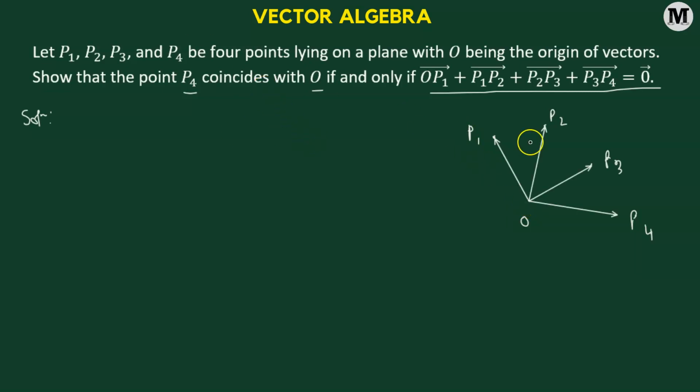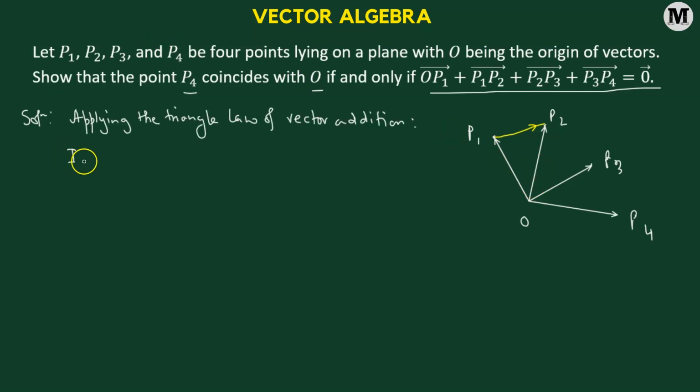Now, in order to prove this problem, we'll begin by first considering the points O, P1, P2. We'll be joining P1 and P2, and let's say we have a vector going from P1 towards P2. Now in this triangle O, P1, P2, we're going to apply the triangle law of vector addition.